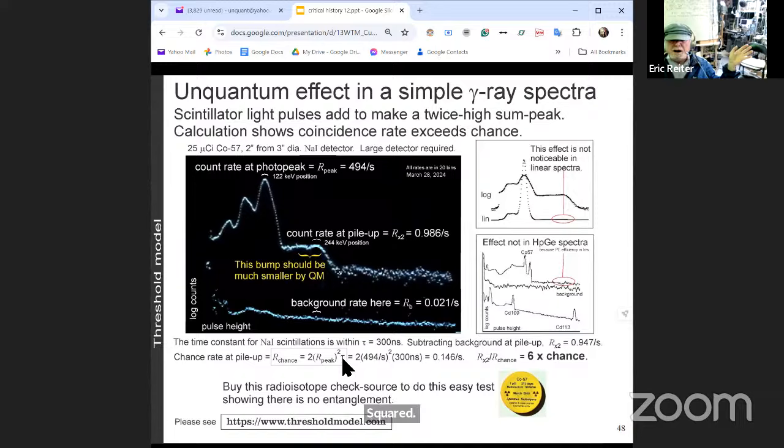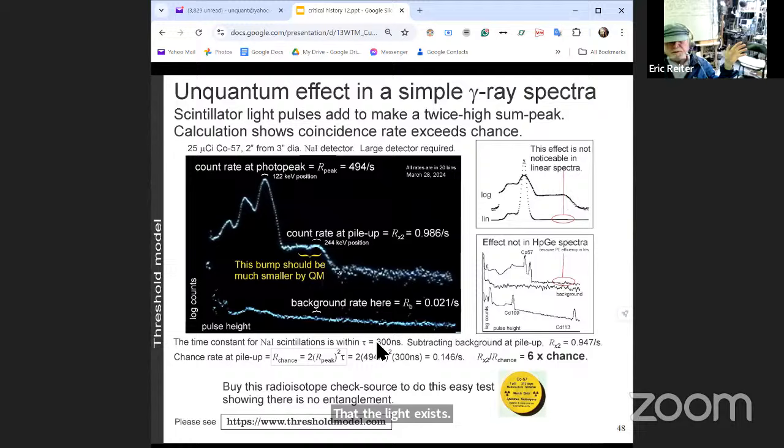There's a time window. The time window you get from other people's analysis as to how the light flashes. So I took 300 nanoseconds for the time that the light exists in the scintillator.